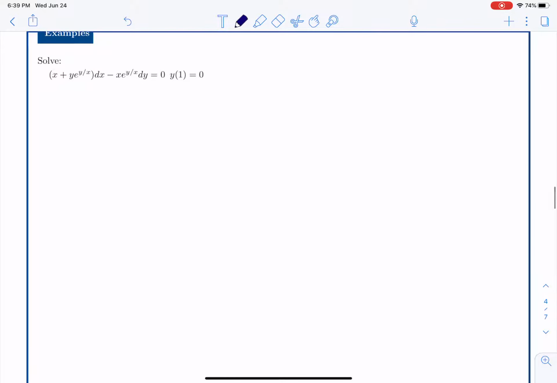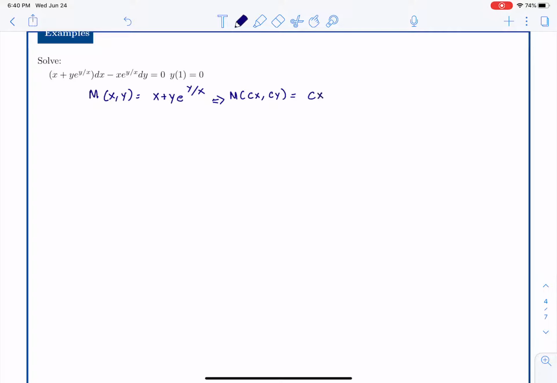Here we have an initial value problem, and M of x comma y is x plus y e raised y over x. I'm going to replace x by cx and y by cy to see if it's homogeneous.